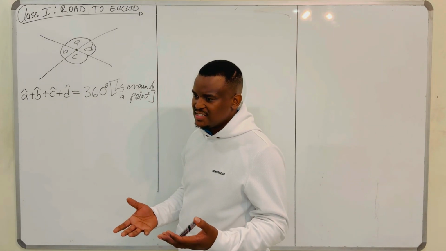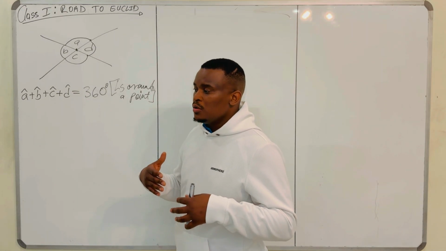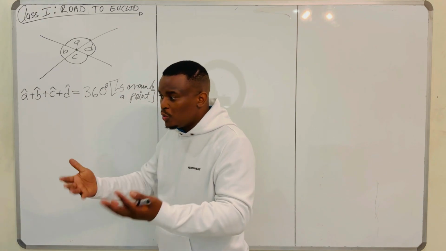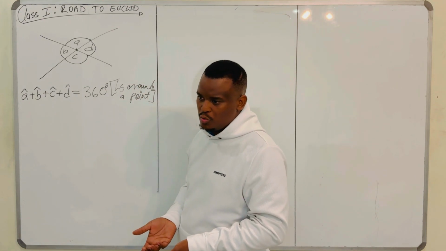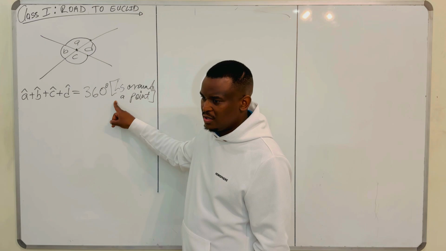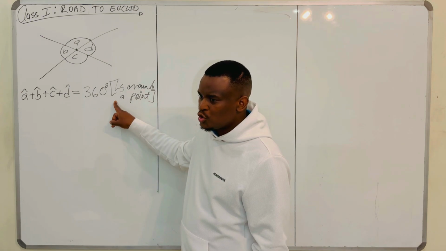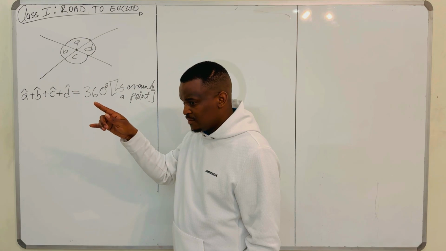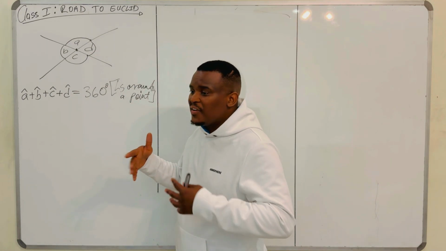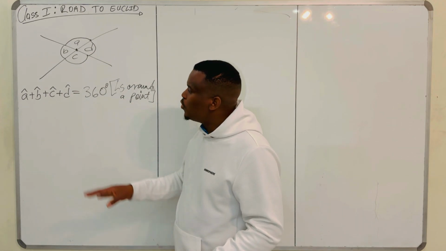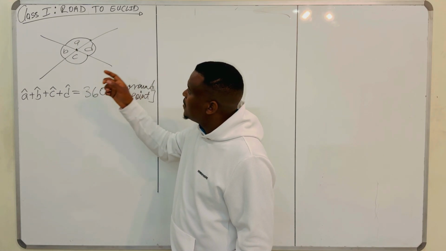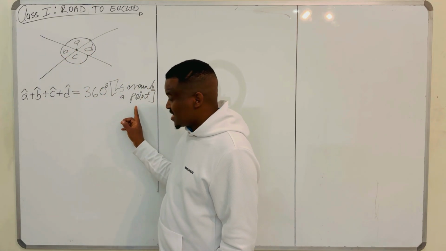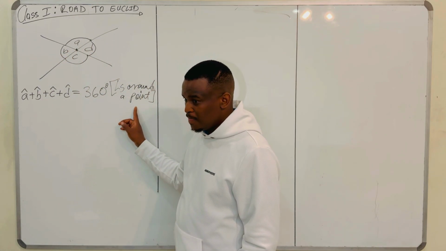There are definitions, which is where you explain the concept of what you're trying to do. For example, this is a definition. We define a revolution to be 360 degrees. So it is a definition that angles around a point is 360 degrees, right?